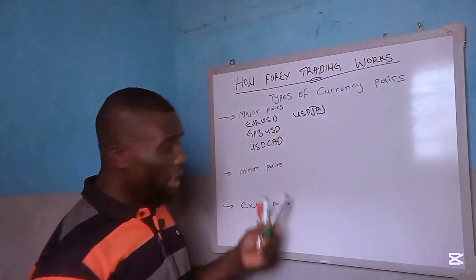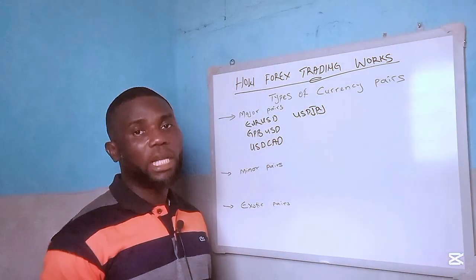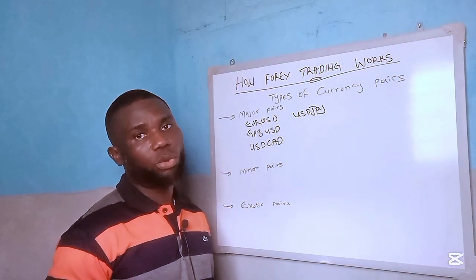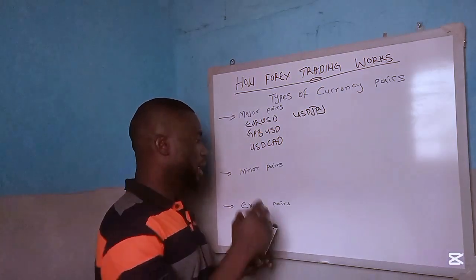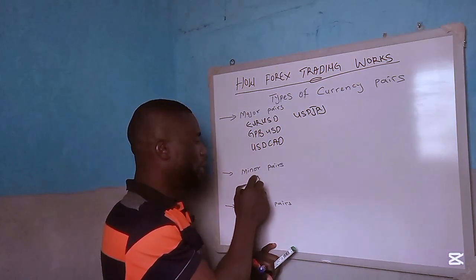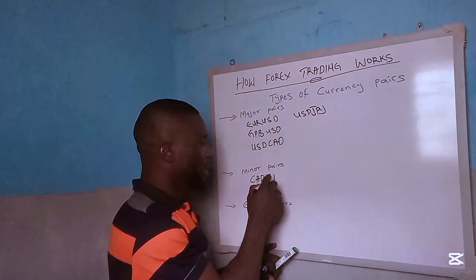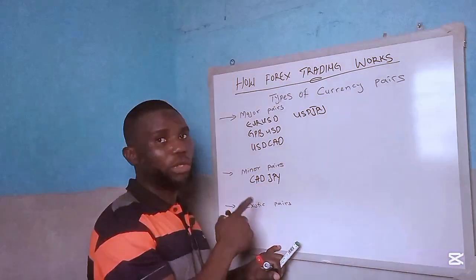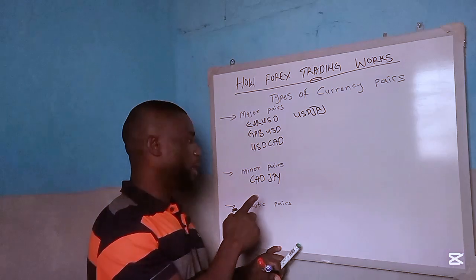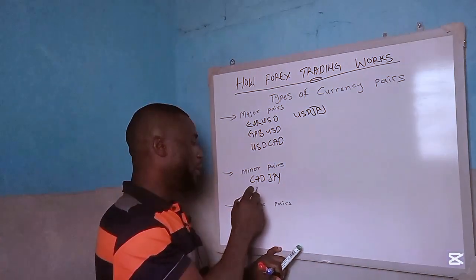Minor pairs, like I explained earlier, are those pairs that have no USD in them. So pairs like CAD JPY, you can see there's no USD here. So this one falls under the minor currency pairs. Another one is Euro JPY.